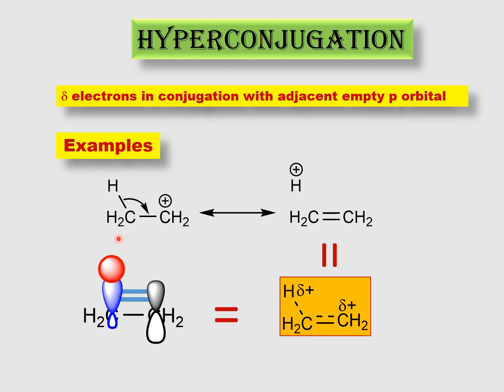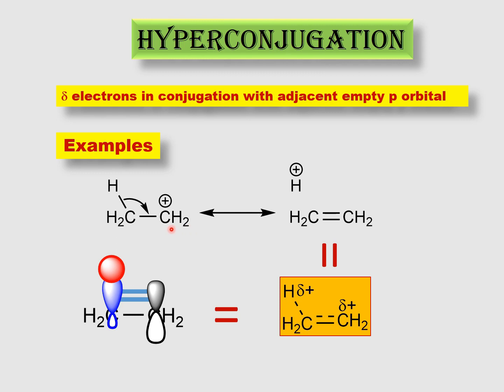So the number of hyperconjugatable hydrogens is directly proportional to the stability of the system, because as the number of hyperconjugatable hydrogens increases, the extent of hyperconjugation also increases, and that means that the stability of the system also increases, because there are more chances for this carbon to get rid of this positive charge.